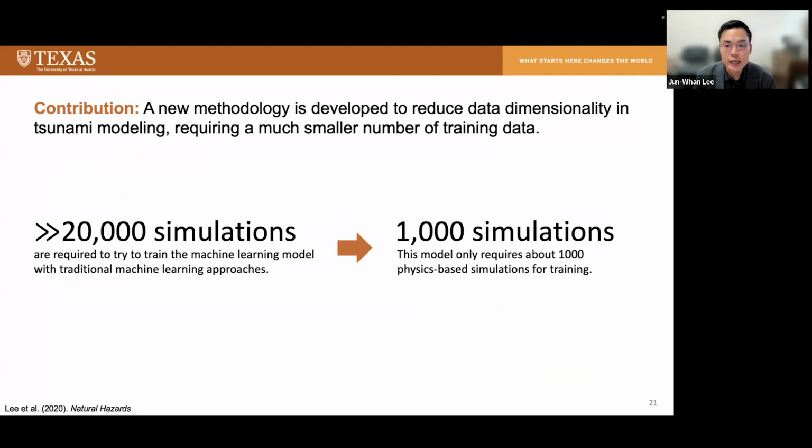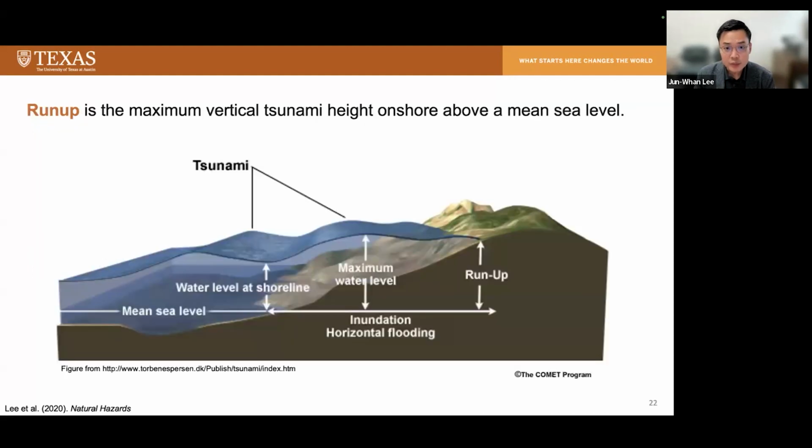And even though we get 20,000 numerical simulation data, it is not guaranteed to achieve a high accuracy. So we developed a new methodology that can reduce the data dimensionality in the tsunami machine learning model framework, and thus these new machine learning models only require about 1,000 numerical simulation data to achieve a high accuracy and efficiency.